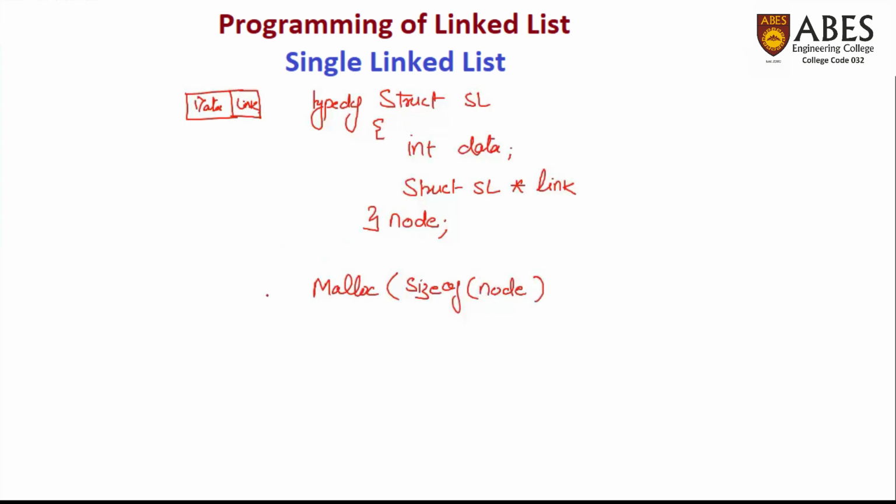This will return a void pointer of the size equivalent to the size of the node. So we have to typecast it with the node type, and it will be stored in a node type pointer variable. Suppose new. This new would be the node type pointer variable.